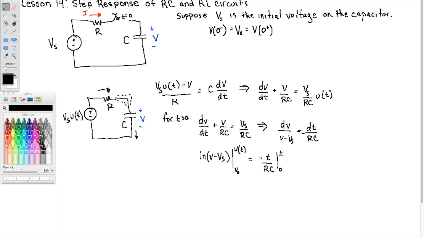When I plug in the bounds, I get the natural log of v of t minus vs, minus the natural log of v0 minus vs, equals negative t over RC.